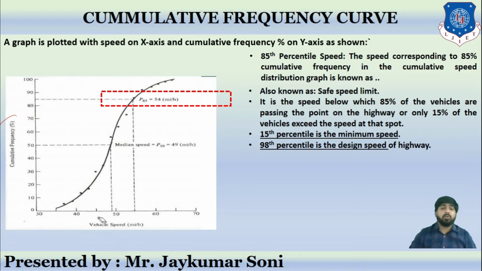As we can see from the picture, cumulative percentage frequency is marked on the y-axis and vehicle speed is marked on the x-axis. This is the frequency and this is the speed. You can see the various percentages 0, 10, 20, 30, 40 up to 100.